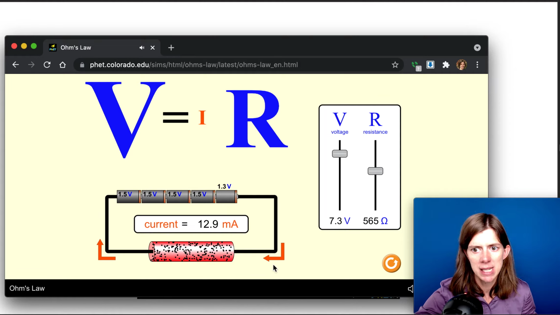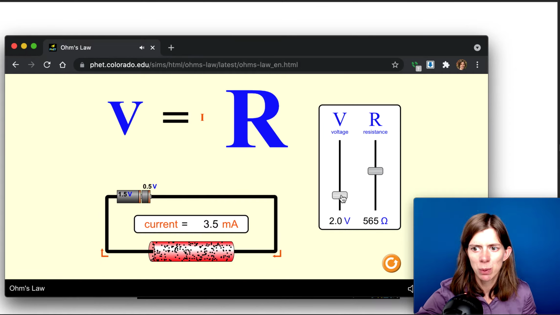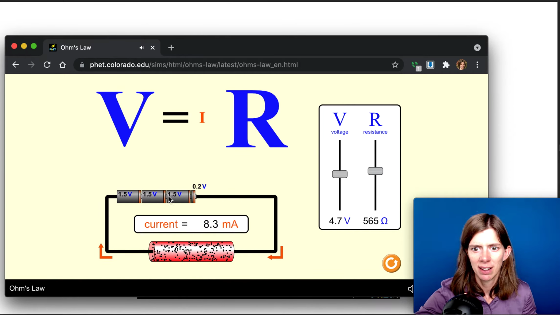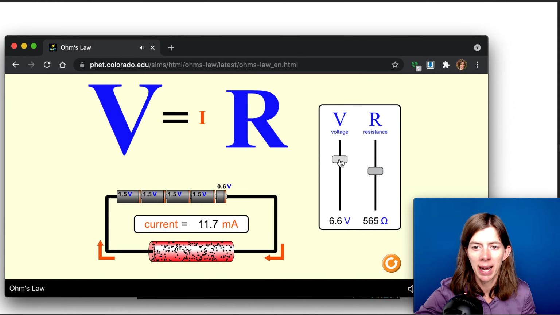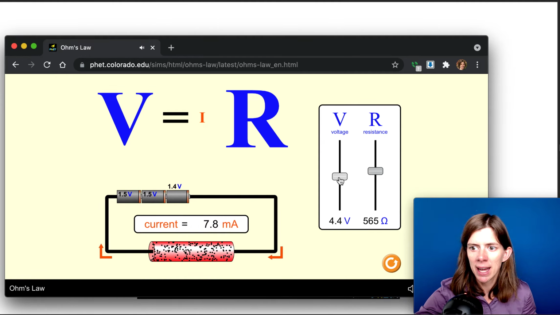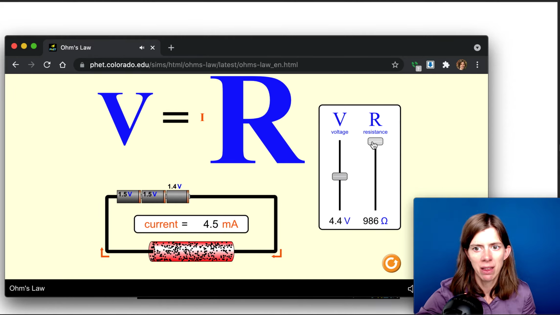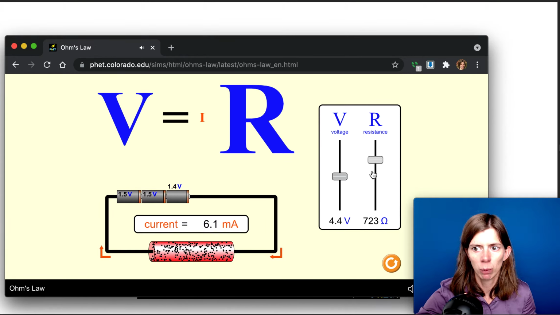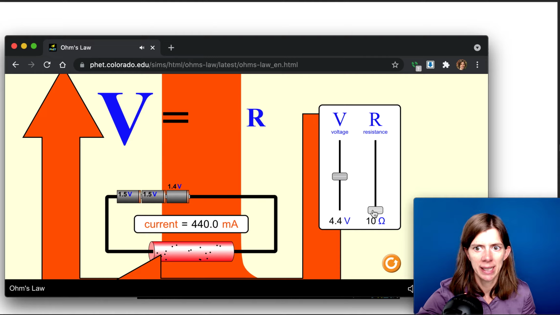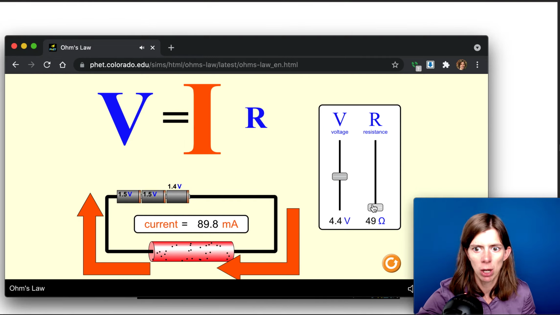The arrow also gets bigger. We also see that there are more and more batteries put together, giving us an indication that adding more batteries together does increase the voltage. As we increase the resistance, we can see that the current gets smaller. When we decrease the resistance, the current gets bigger. When R gets smaller, I gets bigger.